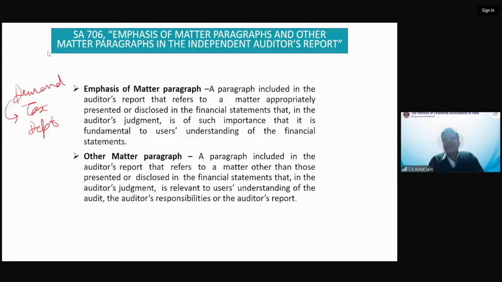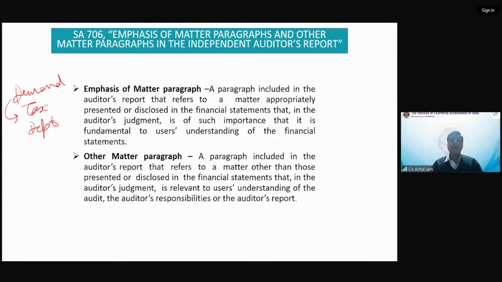And if they disagree, what is it that they will do? If the company disagrees, the company will go fight with the department, which means the company will get into a litigation. Yes or no? The company will say, no, I don't agree with this demand, so the company will get into a litigation.